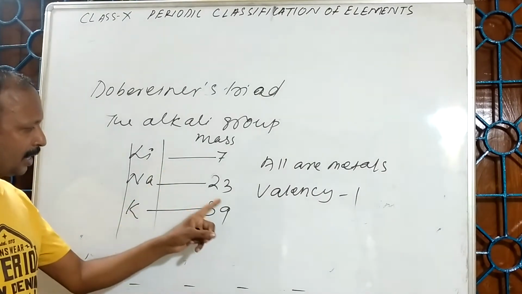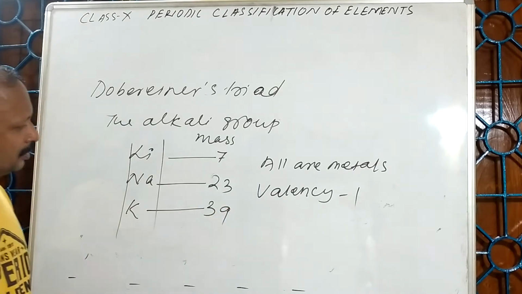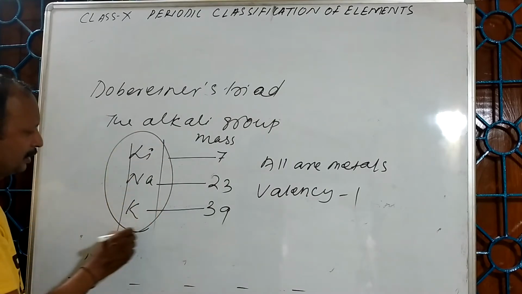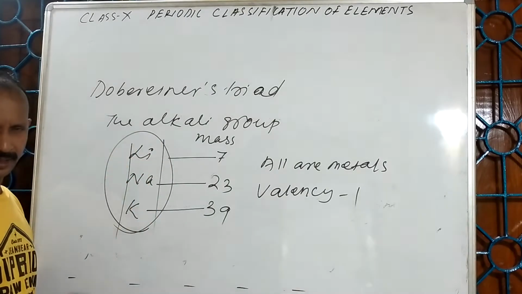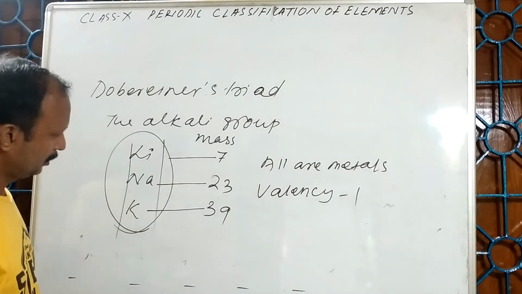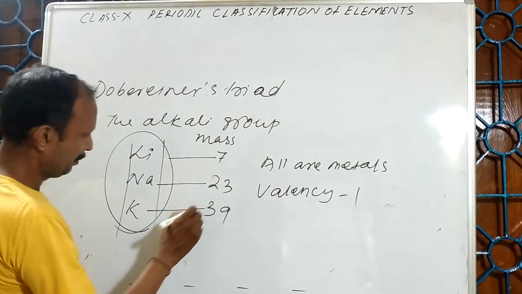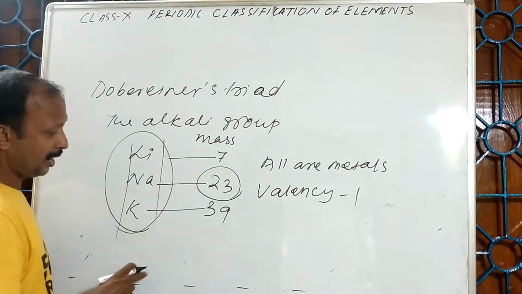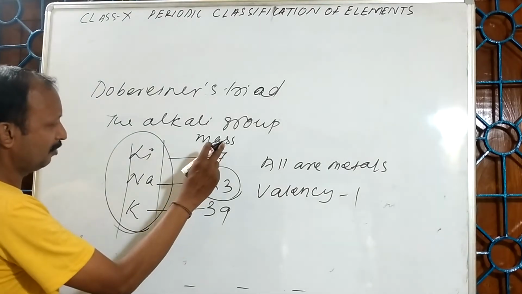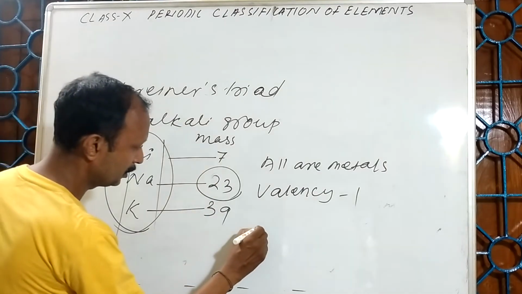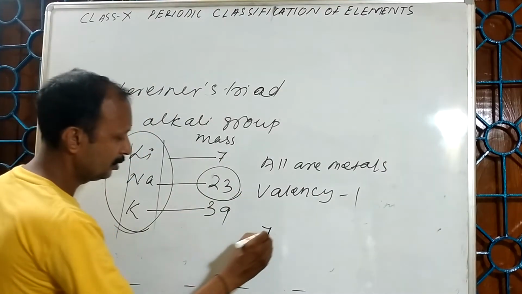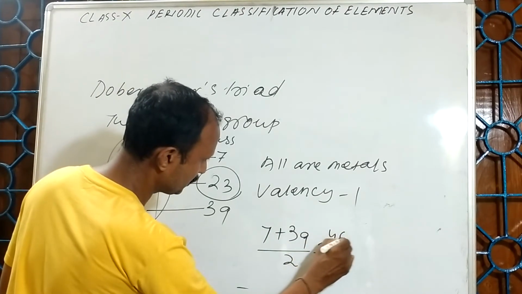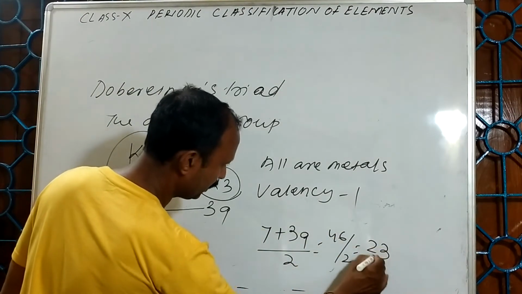They form alkalis and hydrogen gas. That's why they are said to be alkali metals. They are basic in nature. You see that the middle element sodium, its atomic mass is the average of lithium and potassium. Lithium is 7, potassium is 39, divided by 2, 46 upon 2, that is equal to 23.